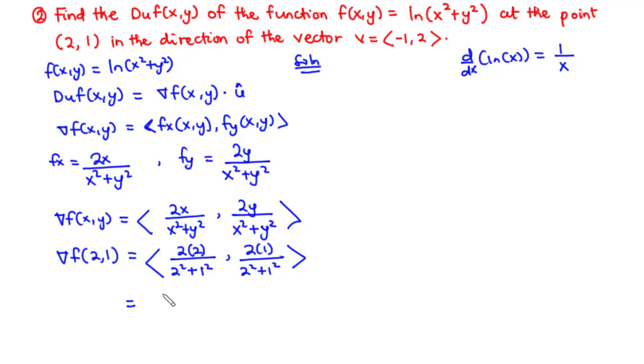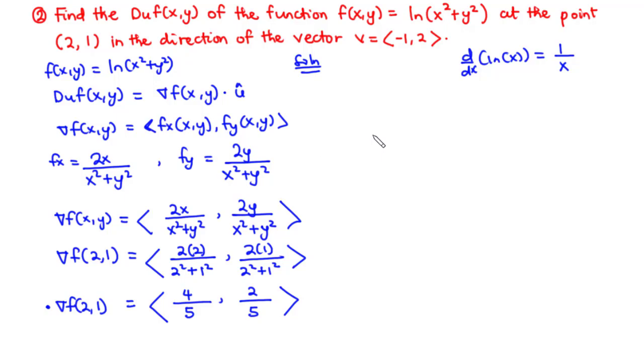At the numerator here, we are going to have 4, since 2 times 2 is 4. And then 2 squared is 4, 1 squared is 1, so 4 plus 1 is 5. So we have 4 over 5, comma, here we have 2 over 5. Therefore, the gradient of the function at the point (2, 1) is equal to the vector that has components 4 over 5, 2 over 5.